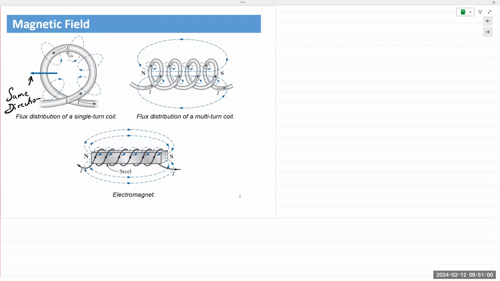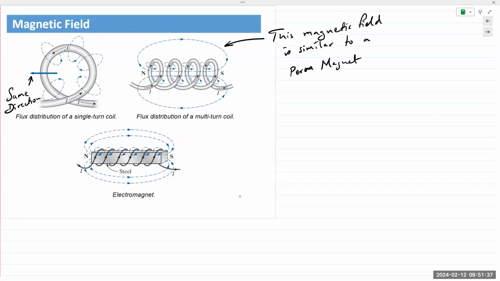So when you take a current carrying conductor and form multiple loops, you have what is known as a very weak magnet. This magnetic field is similar to a permanent magnet field. Again, very weak.